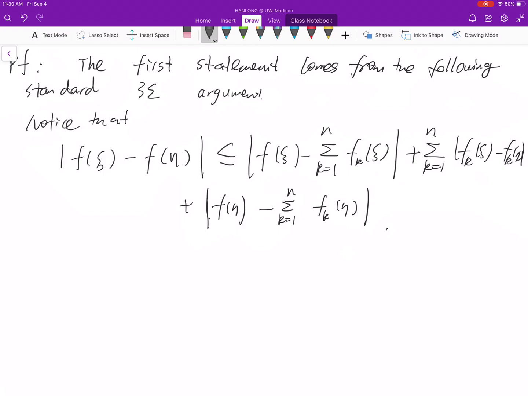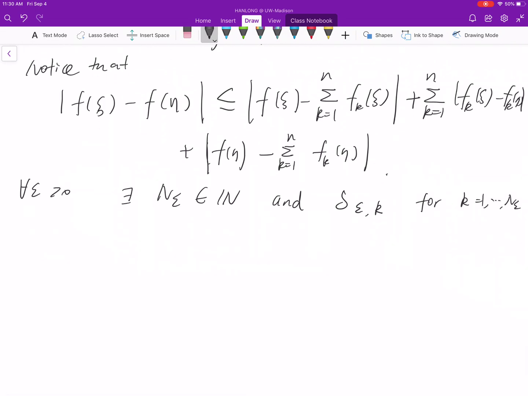Okay, by the assumption, since the partial sums of fk converge uniformly to f, then for all epsilon greater than 0, there exists an N epsilon, which is an integer, and delta epsilon k for k from 1 to N epsilon, such that the following holds.